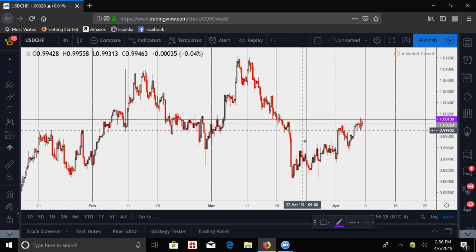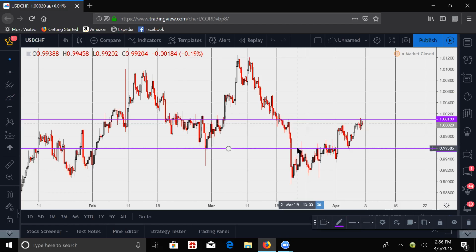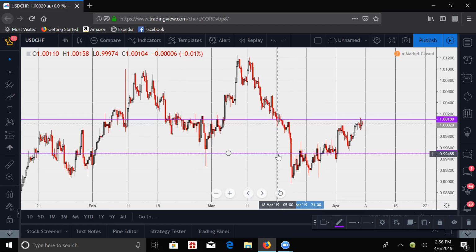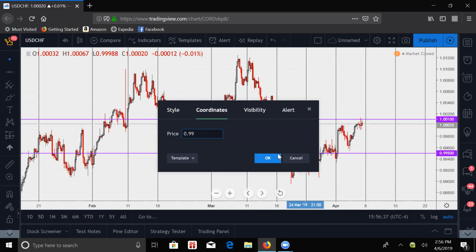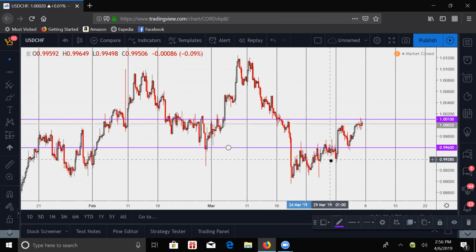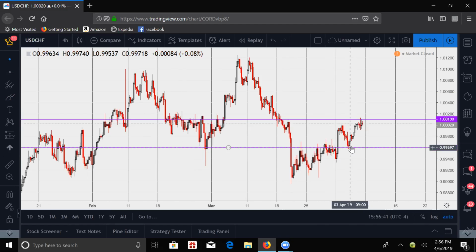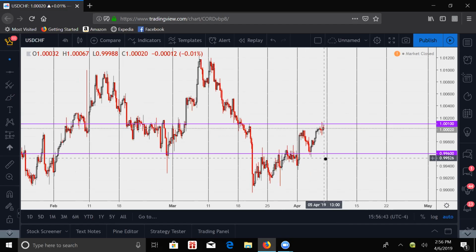As far as support, I'd put down this area of 99.56. Obviously the overall area of where price is going to go is hard to say.